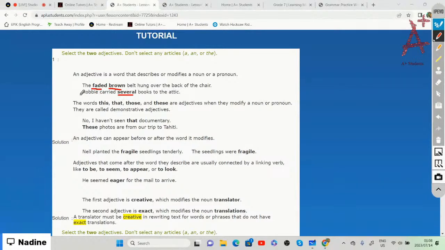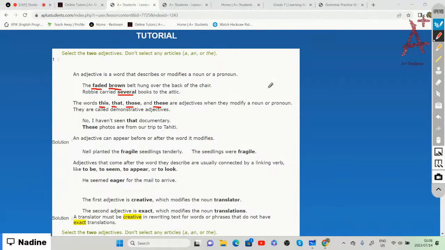All right, so within a sentence, if you have words like this, that, those, and these, right? These are adjectives when they modify a noun or a pronoun, right? So once we modify a noun or a pronoun, then we use words like this, that, those, and these.